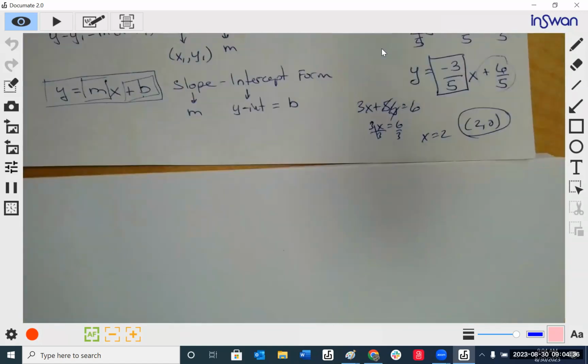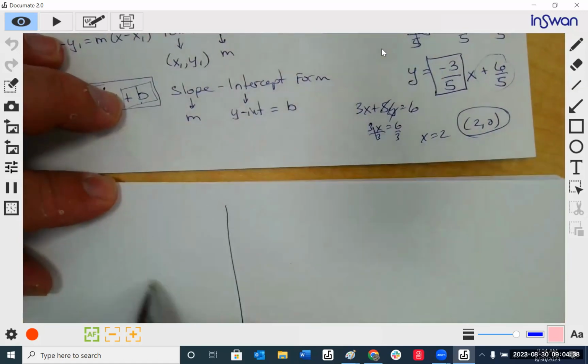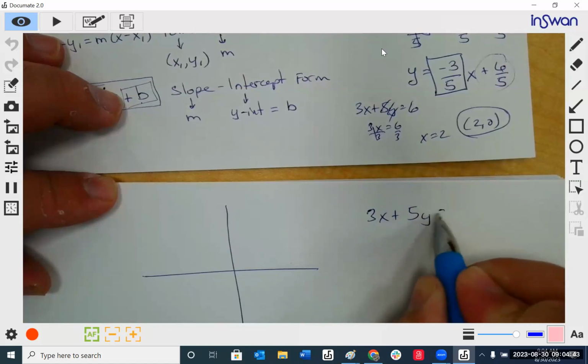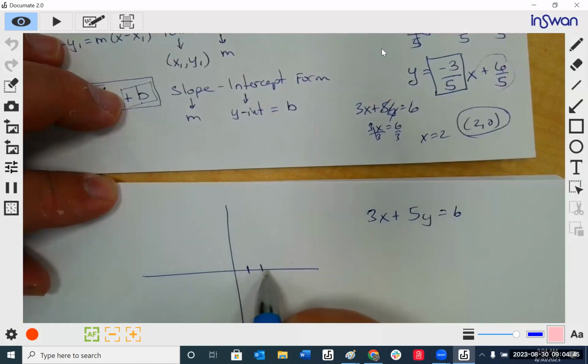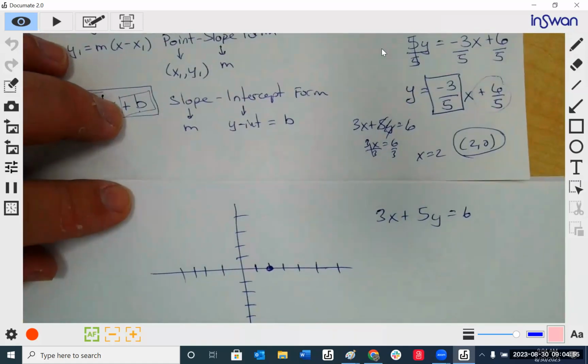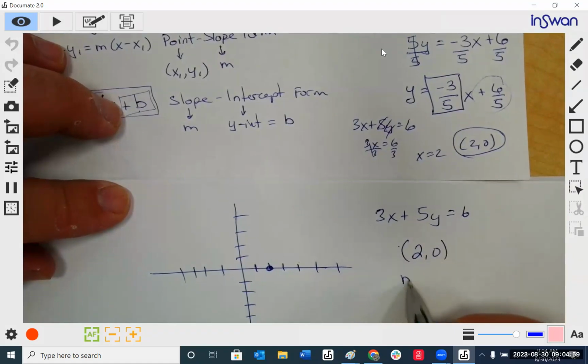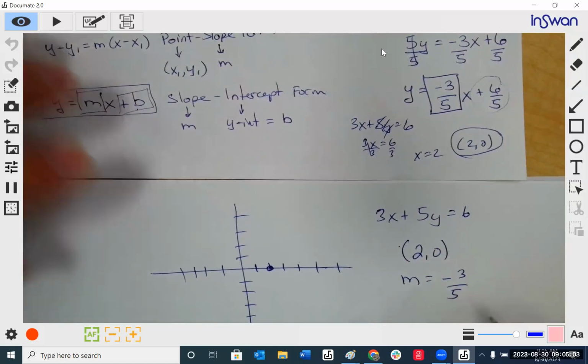This is 3x plus 5y equals 6. So the x-intercept is at 2 comma 0, and the slope is negative 3 over 5.